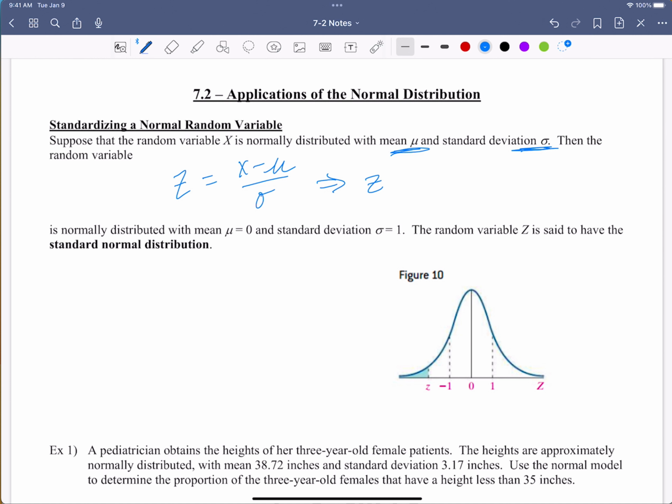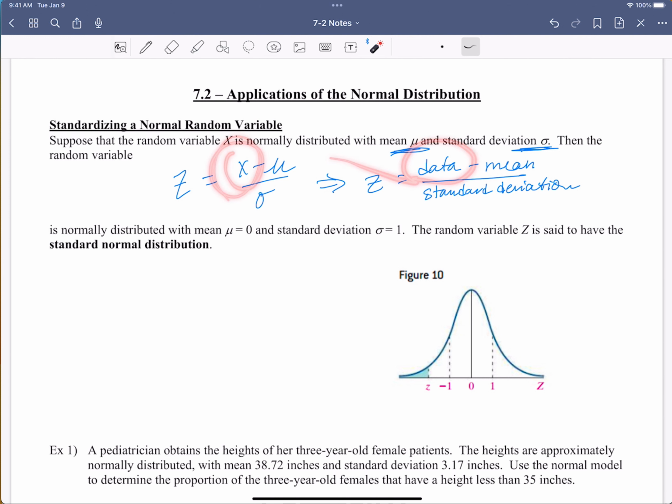A z-score is equal to my data minus the mean over the standard deviation. And I'm writing it like this because as we go forward, z-scores are going to be a big deal. You still have to know a z-score and what it is because that's what we're getting out of this deal. However, your data value is what's represented by this x right here.